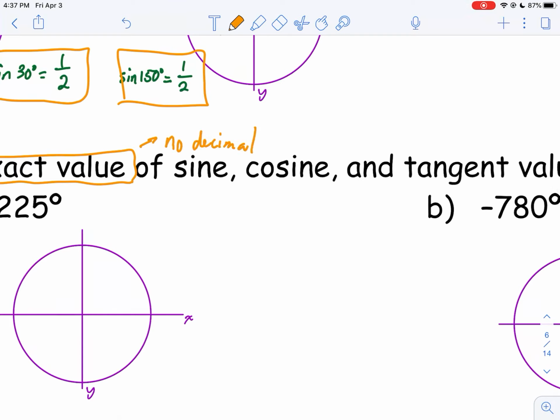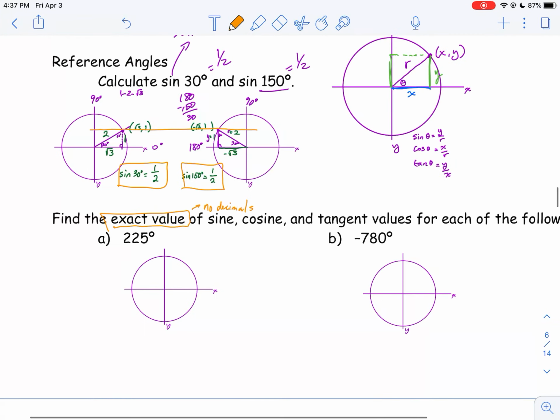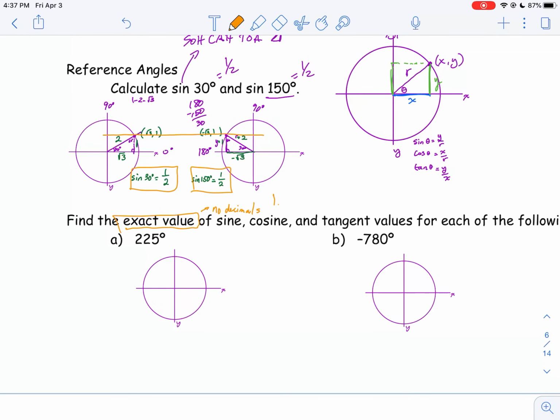No decimal approximations or no decimal rounding. Okay, so 1.5 is exact, but if I had an answer in my calculator that went on and on and on, and I rounded to 1.5, that would not be exact. Okay, so that's what's going on there.